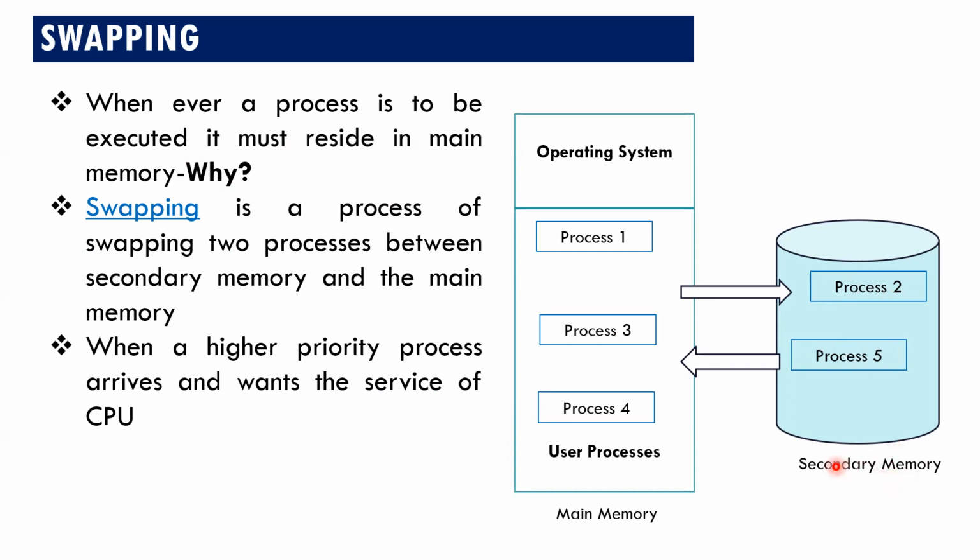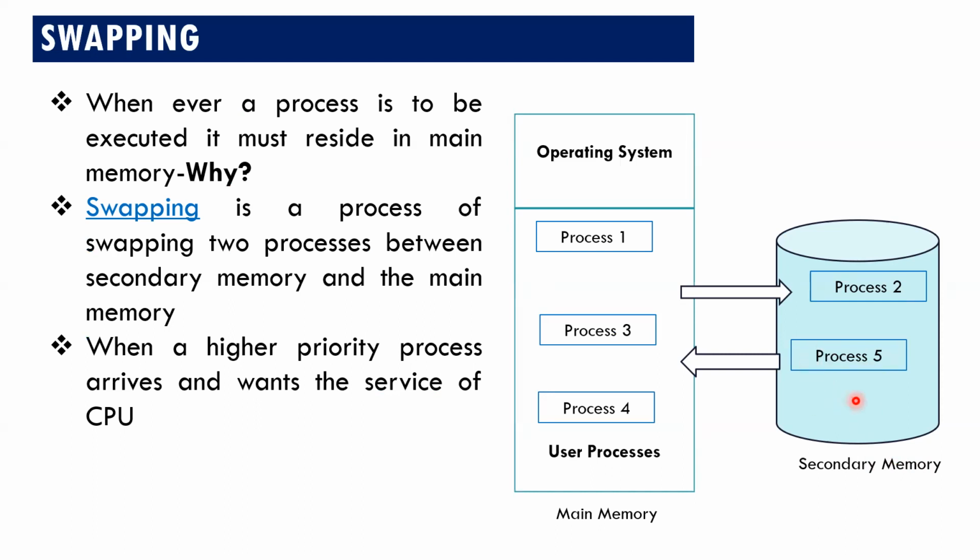Because if you compare the speeds of the CPU and the secondary memory, CPU is much faster as compared to the secondary memory. So in order to access the instructions from the secondary memory, CPU has to wait for a longer amount of time, which is wasting the CPU time.